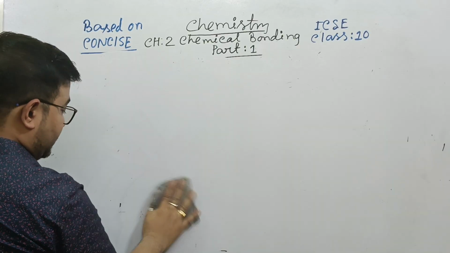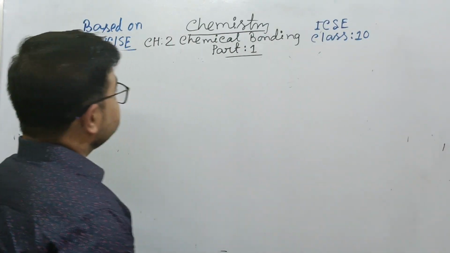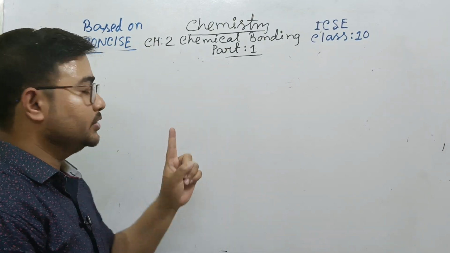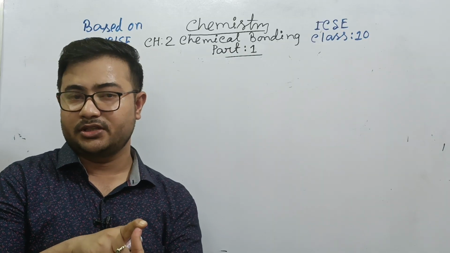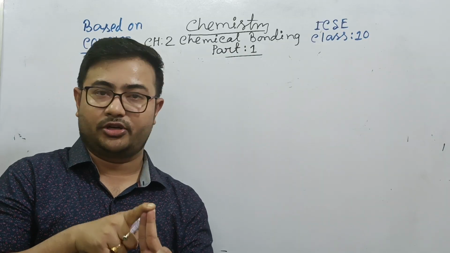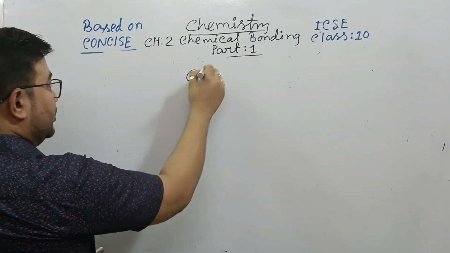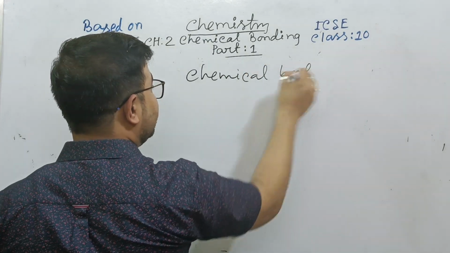Okay, now look at the board. I already covered so many concepts, and the two most important questions are: what is the cause of chemical combination and what is chemical bond? Done. Now this chemical bond, the definition I already discussed.